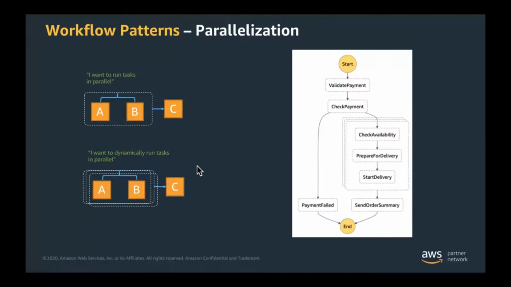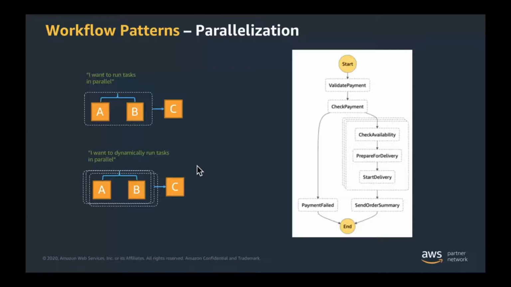Sorry, this is only showing map state. That was a choice state up at the top there, not a parallel state. But yeah, you would have a choice state that would check the payment, and then let's say that was for a batch order of payments, you could run map state to iterate through each one of those where you would check availability for the product and start the delivery process.